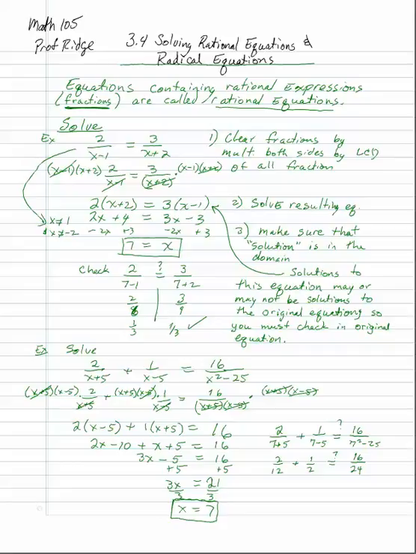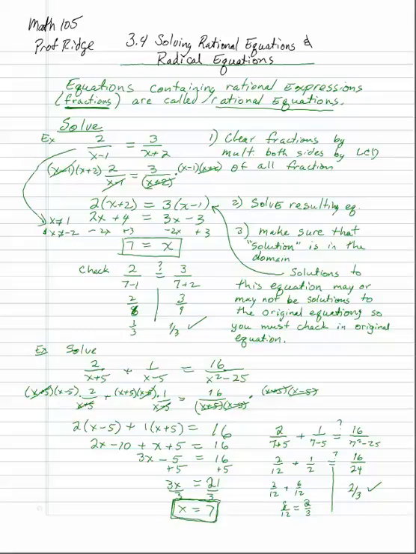So let's write 2 twelfths plus 6 twelfths, which is 8 twelfths. If I reduce that, divide by 4, that'd be 2 thirds. And then 16 twenty-fourths reduces to 2 thirds. So that checks out. So 7 is the solution.